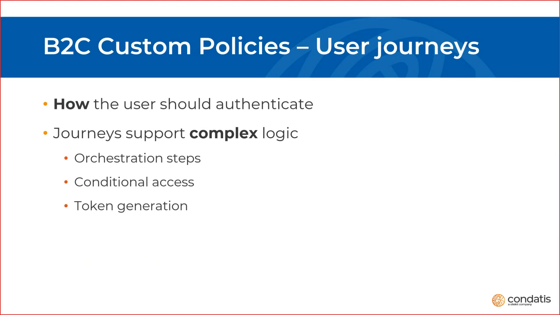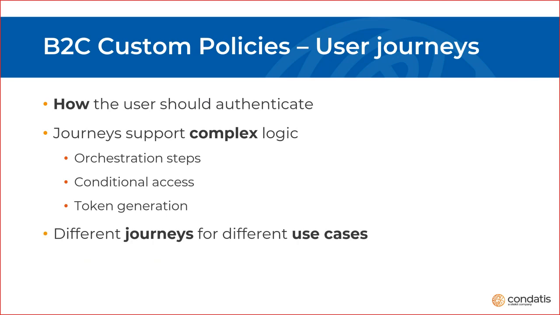You can have different journeys for different use cases, so sign in, sign up, maybe a combined sign in and sign up if you want to provide a login screen with the option for a user to register, or it could be something completely custom like rights elevation.